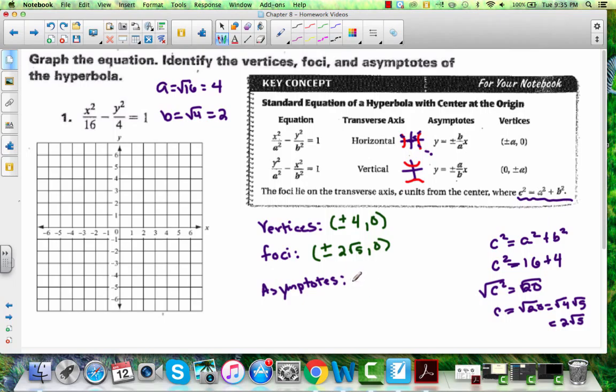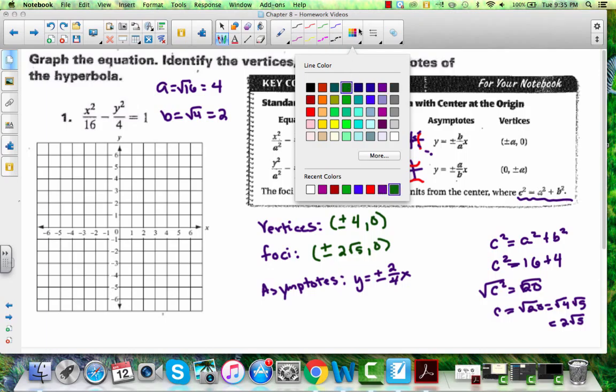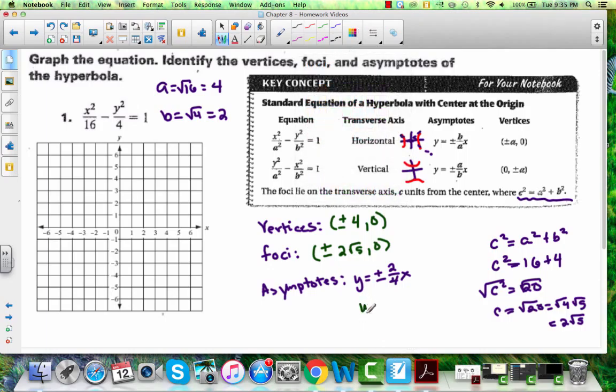You'll notice these are linear equations in the form y equals mx plus b, where b over a would be our slope. It's actually two different equations, one with a positive slope and one with a negative slope. So we have plus or minus b over a. Well, my b is 2, and my a is 4. If I simplify that, my final answer is plus or minus 1/2 x.